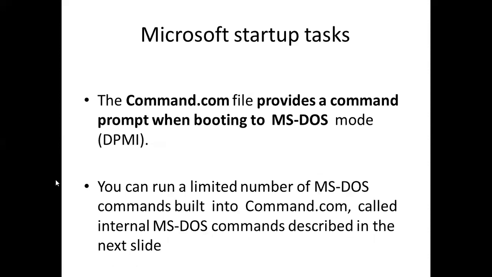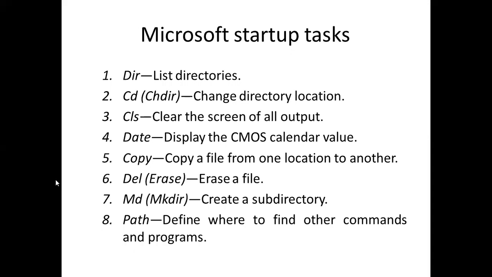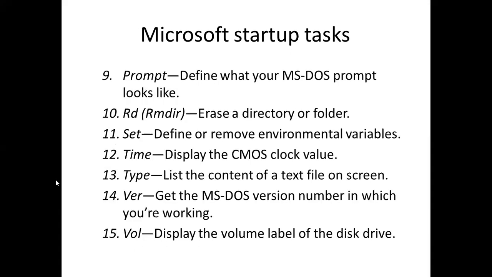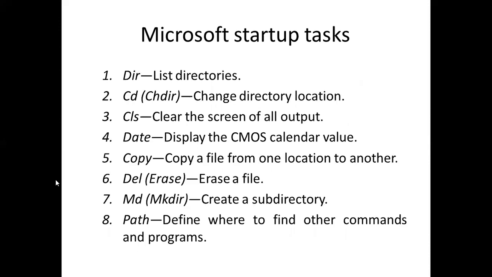There is a file called command.com in your DOS, in the old systems. There is usually a limited number of commands for MS-DOS, and they are all built into this command.com. It will be described in the next slide. So there are about 15 different commands used inside the command file.